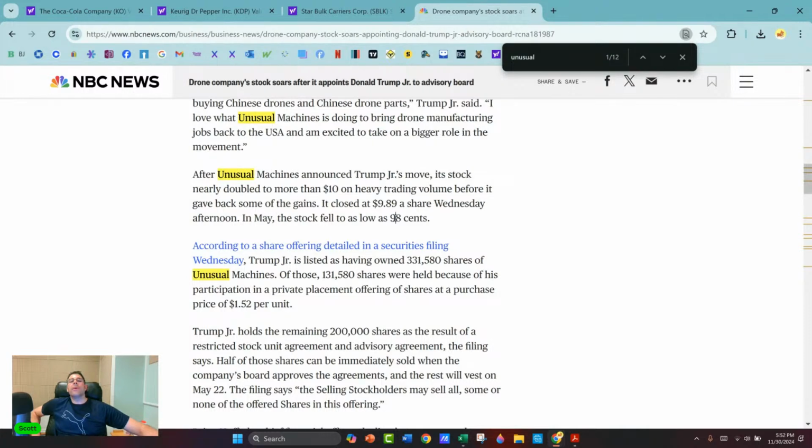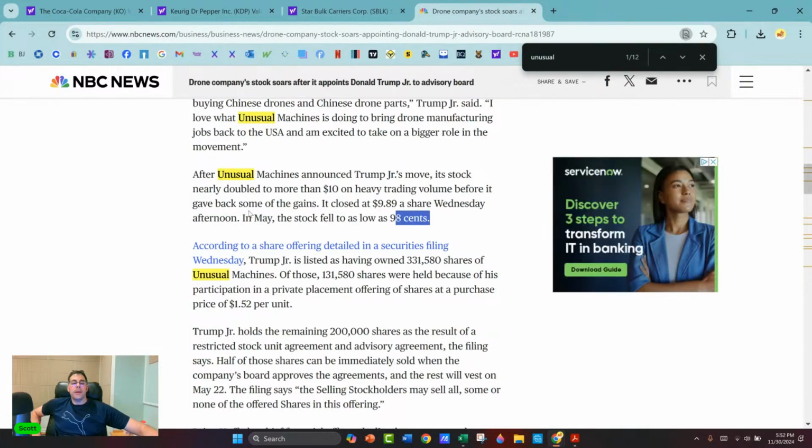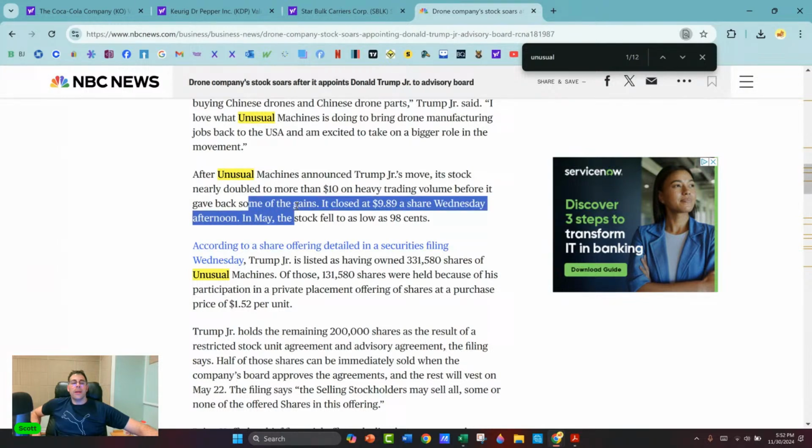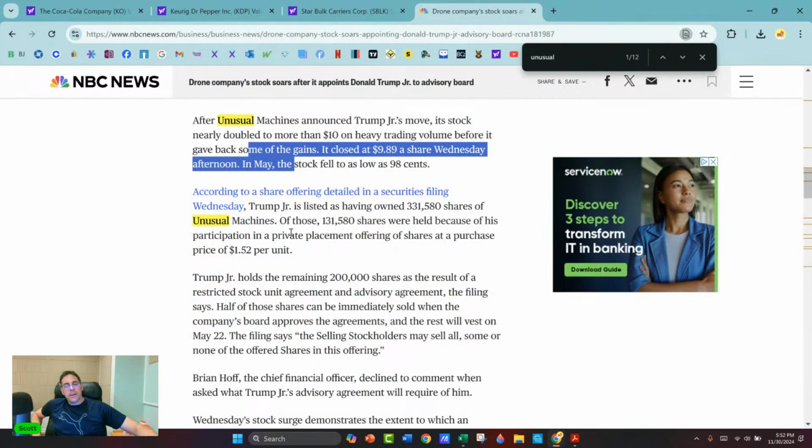It was below $1 in May, and now it's $20. Drones are a security threat. So he gets 331,000 shares of the stock.